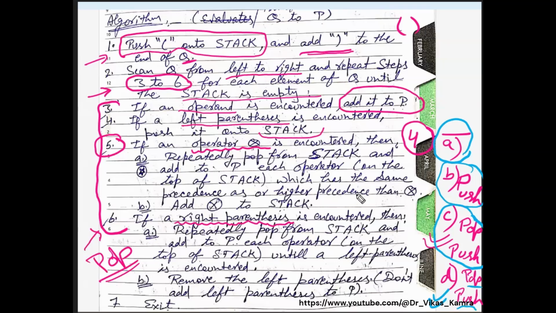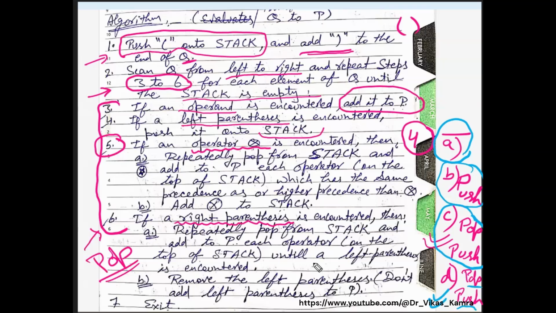And you repeat the pop until the left bracket is encountered in the stack. Means all the operators one by one will be popped from the stack and added to the postfix expression. This process continues until a left bracket is encountered.